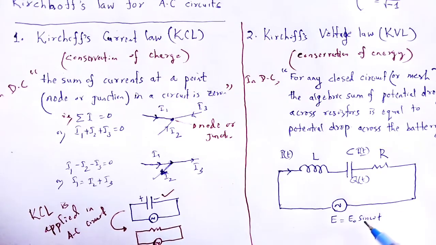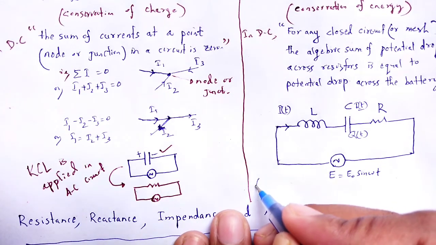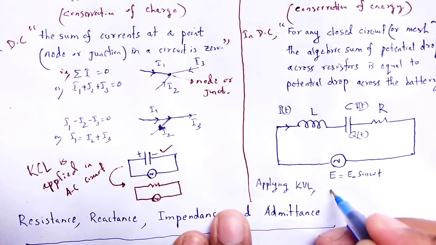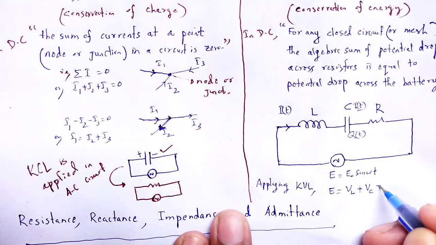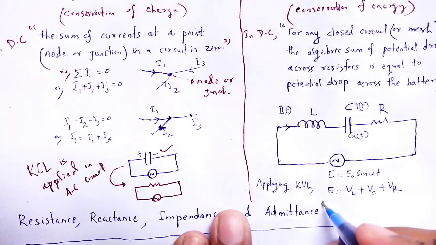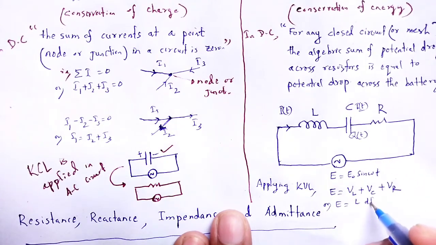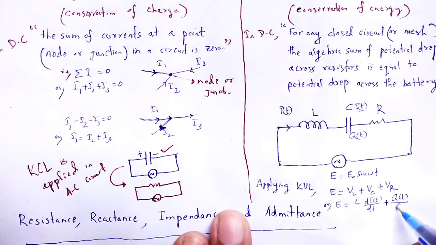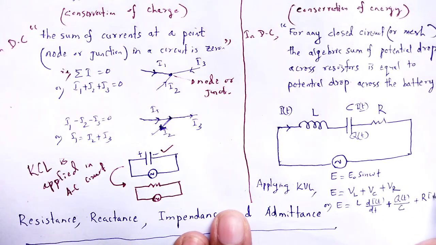So, according to Kirchhoff's voltage law, E is equal to the potential at the inductor plus the potential at the capacitor plus the potential at the resistor. That is, E is equal to L dI(t) by dt, plus the potential at the capacitor, q by C, plus the potential drop across the resistor, resistance into current.